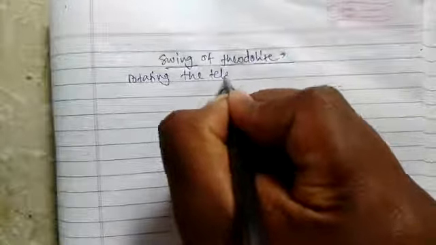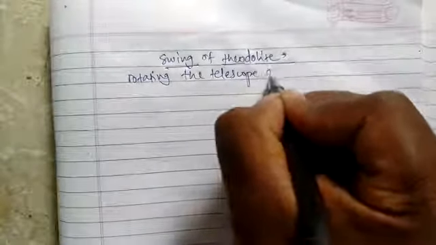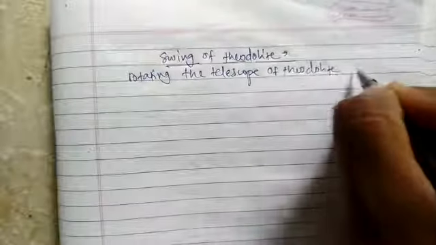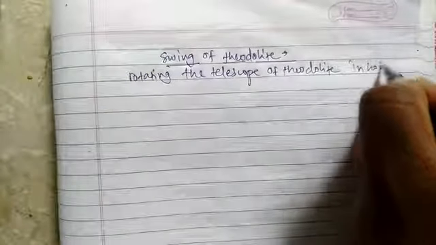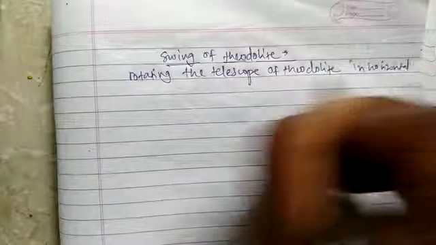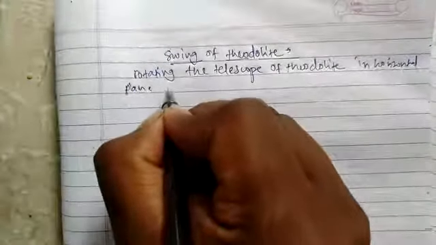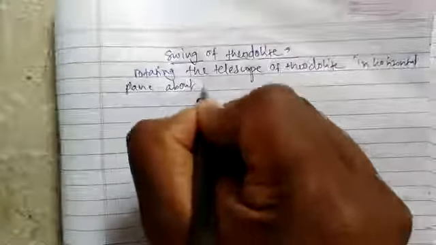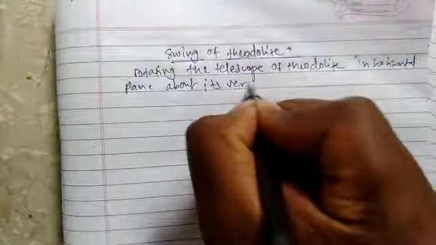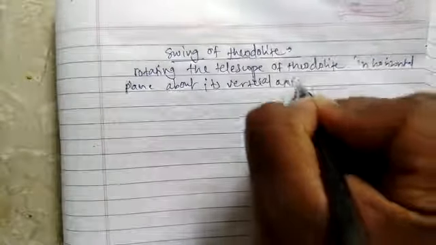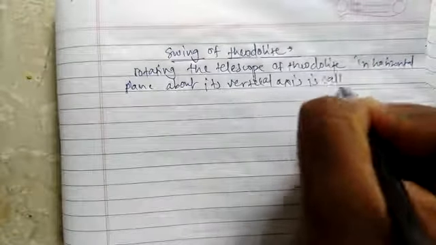Rotating the telescope of theodolite in horizontal plane about its vertical axis is called swing of theodolite.